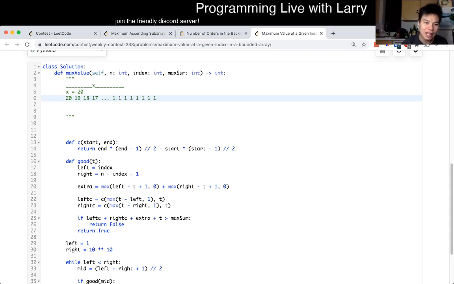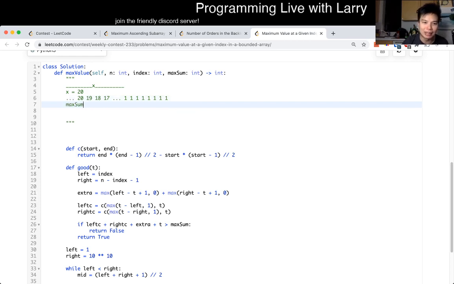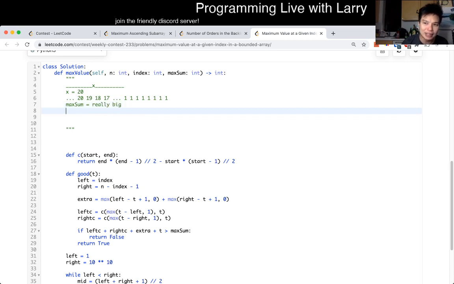And you do the left side as well. The idea is that, okay, let's say you have a max sum that is really big. Then can you solve it using this, right? And the answer is that you can always add numbers to the right or left to meet max sum. You can do it a lot of different ways.